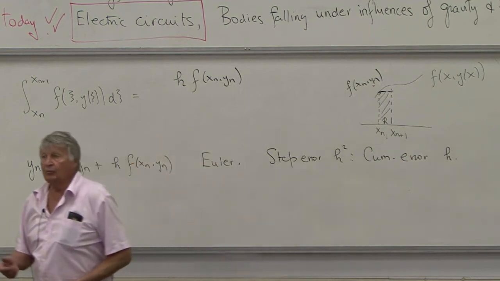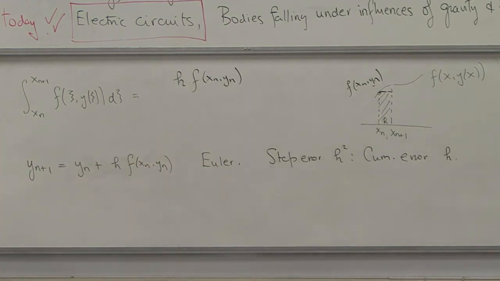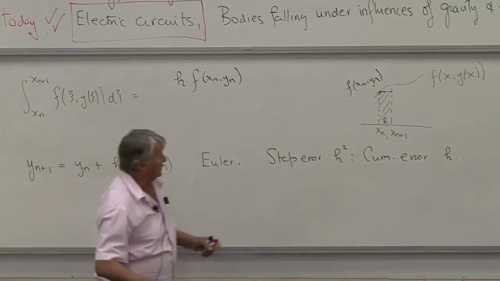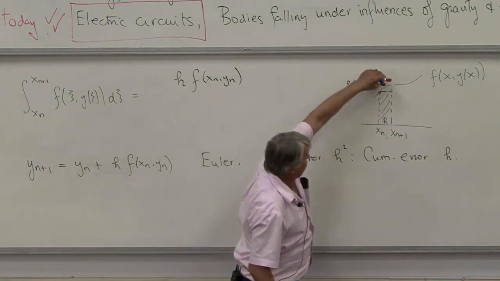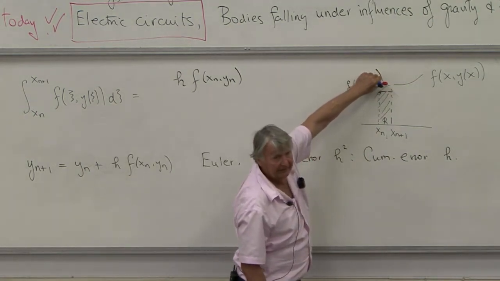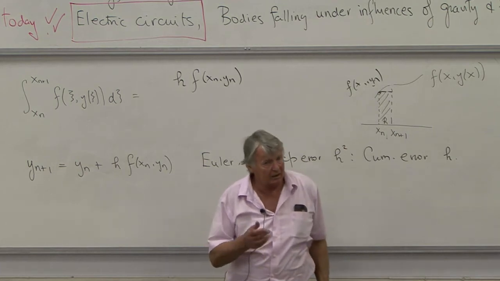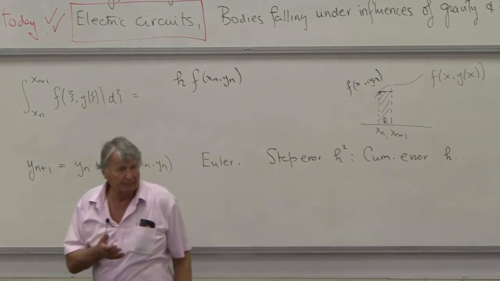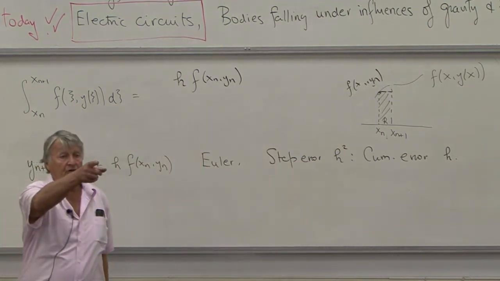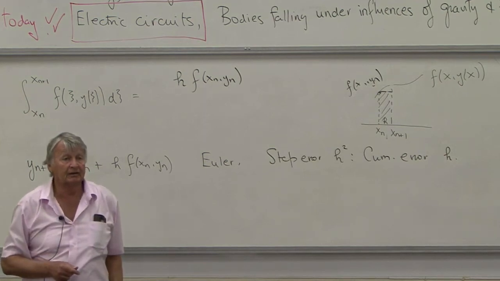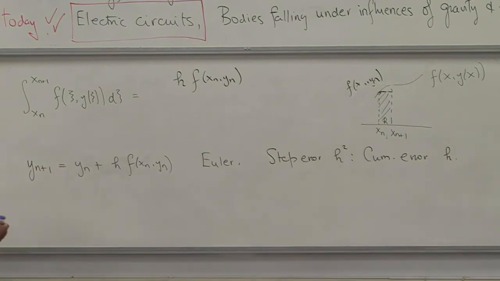Now, we could try another way of approximating this. As you suggested, we could take this rectangle here, but that will make the same order of mistake. What else could we do? The midpoint. Excellent idea. So we could do midpoint.